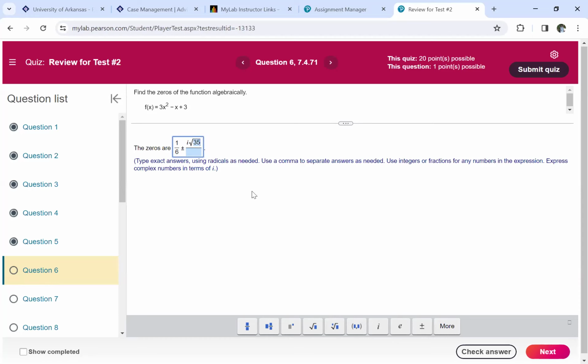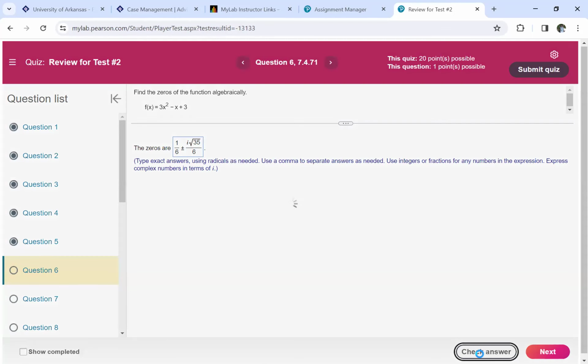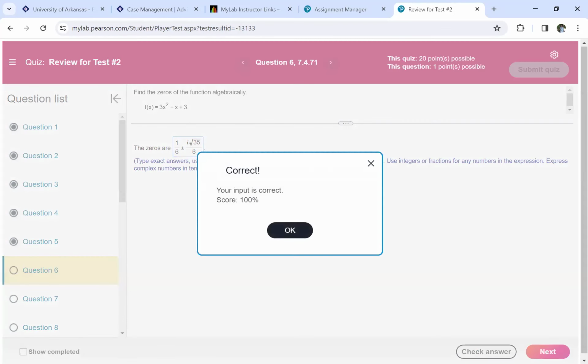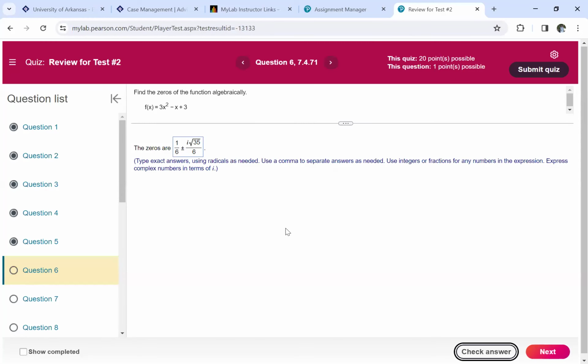I guess I got to click on it. All right, now I'm going to put in my other 6. So I now have 1/6 plus or minus I square root of 35 over 6. And I'm just going to check that to see if that's acceptable for Math Lab. And there you go. All right, y'all. Then we would hit next.